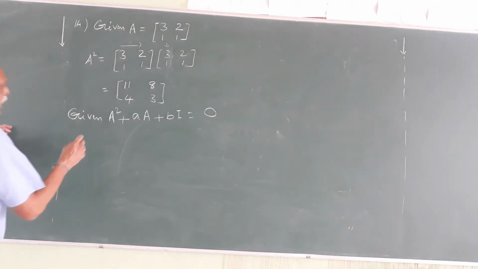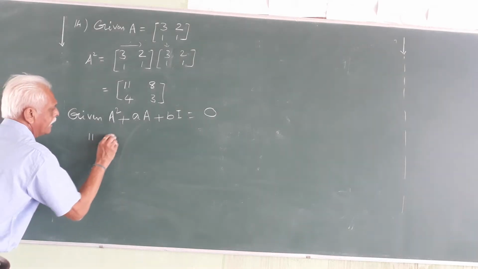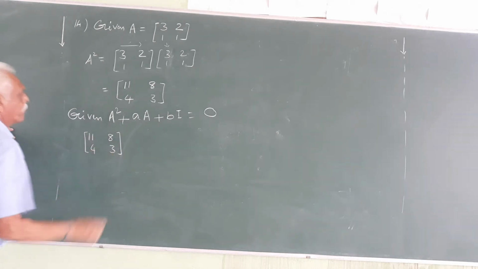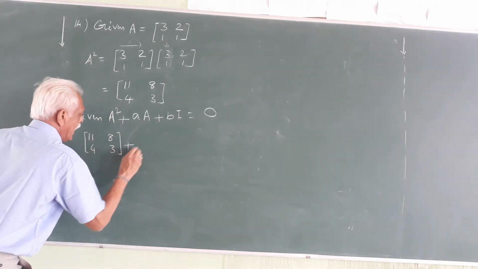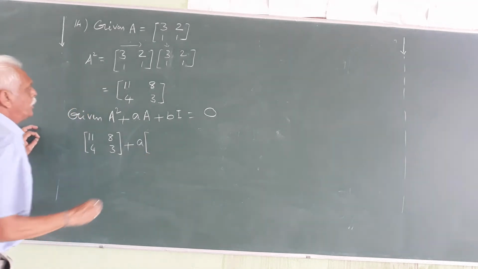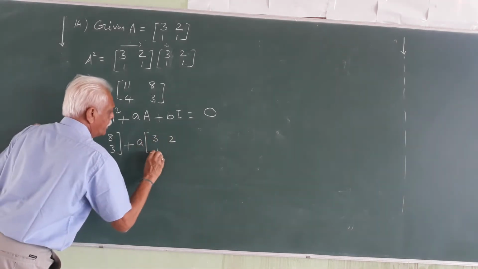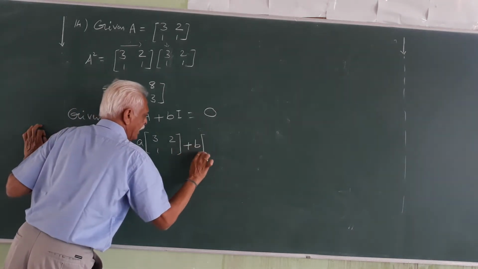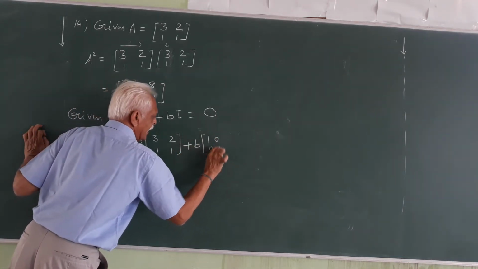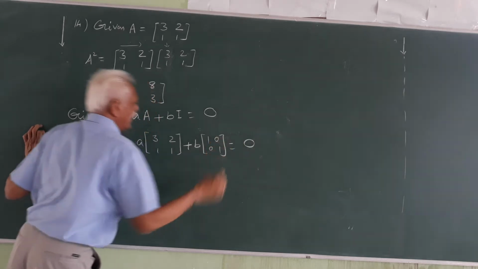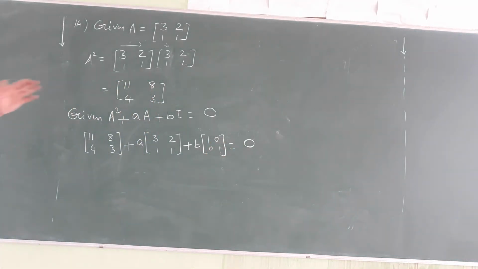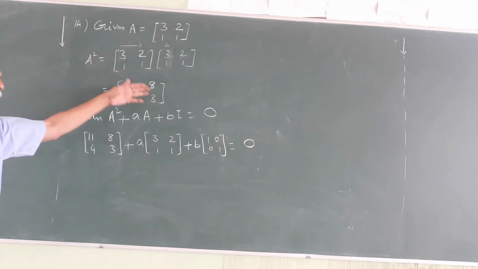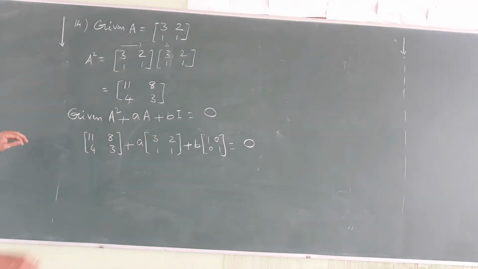So take A square [11, 8; 4, 3] plus a into [3, 2; 1, 1] plus b I, you have to take [1, 0; 0, 1] is equal to O. Because A is in 2 by 2 form, you have to take I also in 2 by 2 form.